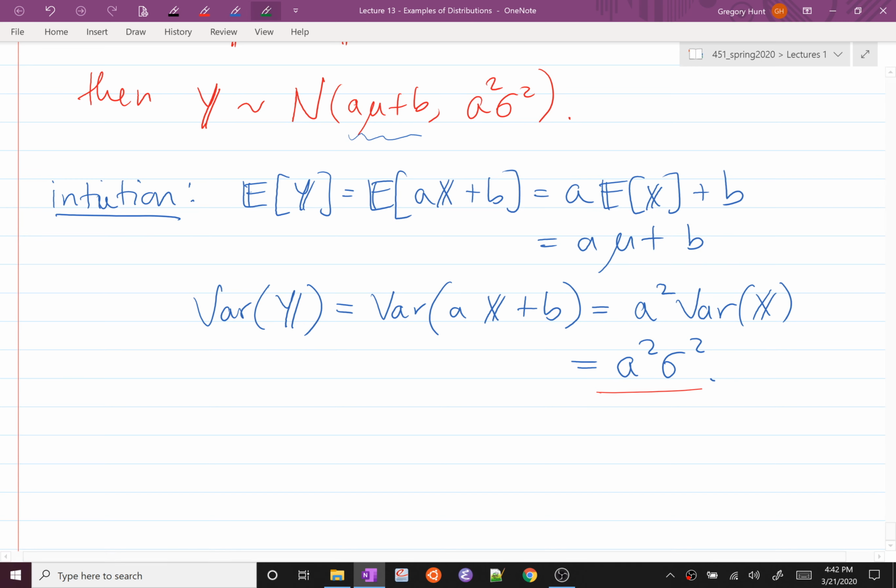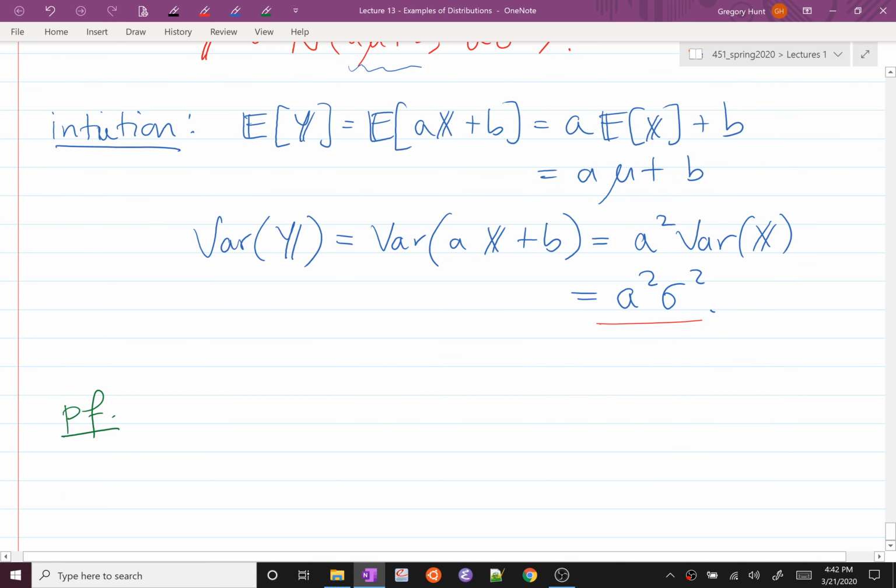If you're wondering why I even need to know the MGF of a normal, why I have to go through this whole derivation: proving something like this is exceedingly easy if I know the MGF. The MGF of a random variable Y characterizes the random variable.